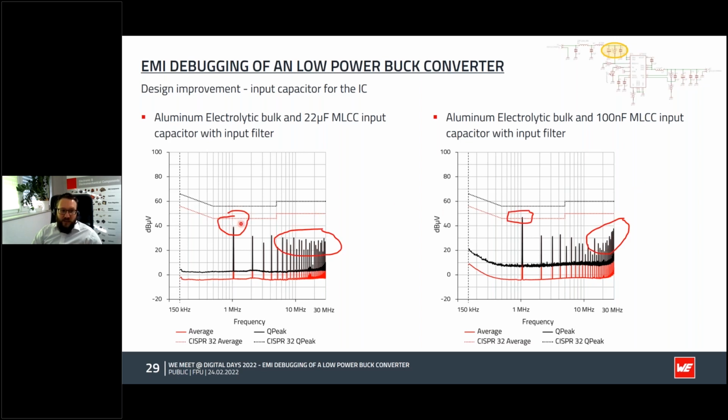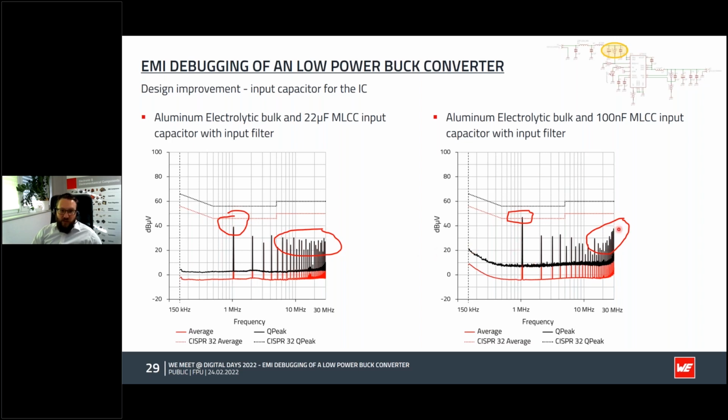And you see, with this higher capacitance value for C3 and the aluminum electrolytic capacitor, I finally got under the limit. So with this aluminum capacitor for good stability, and the higher input capacitor for the IC, I get a quite good result for the conducted emission.